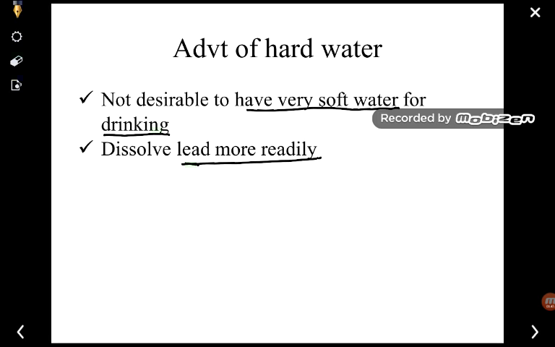So if hard water is consumed, there is less chance of lead poisoning. But in the case of soft water, lead dissolves more readily, and if it is consumed, there is a risk of lead poisoning. So these are the two advantages of hard water.